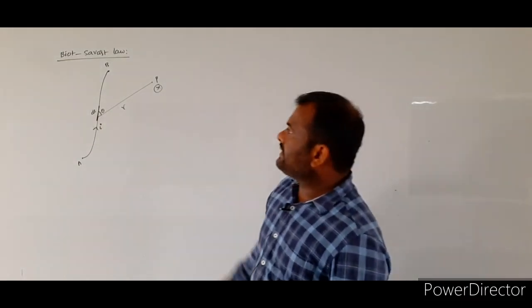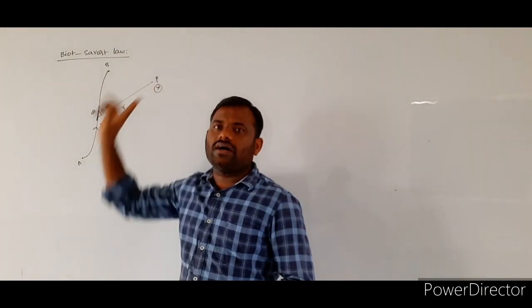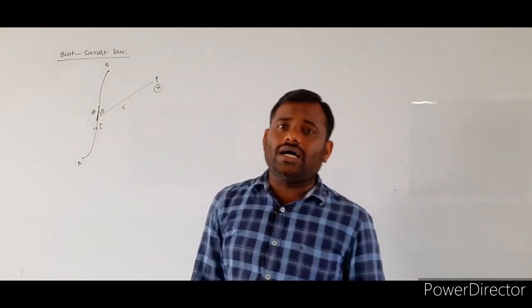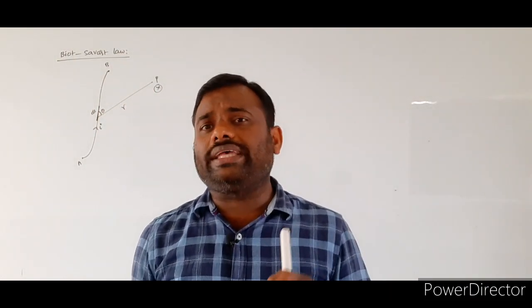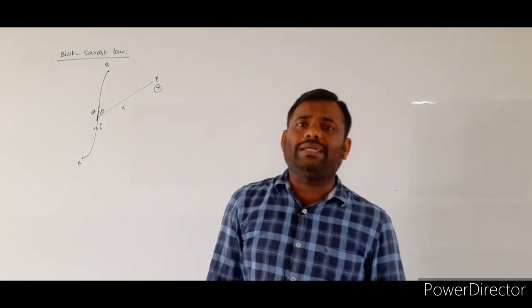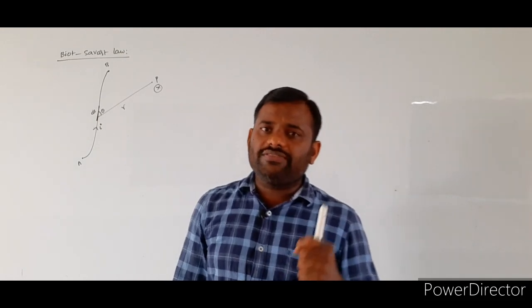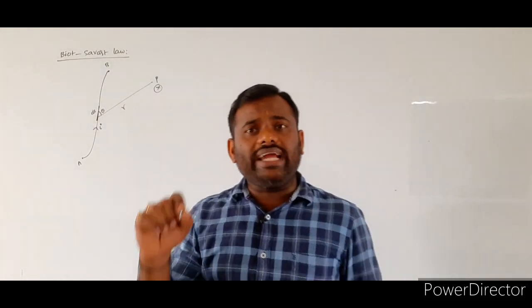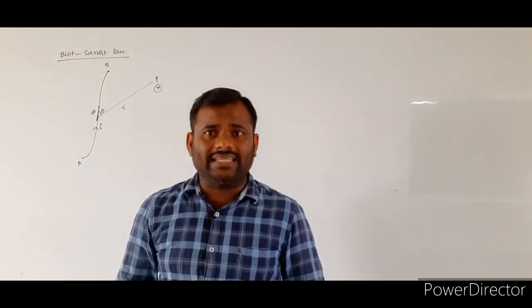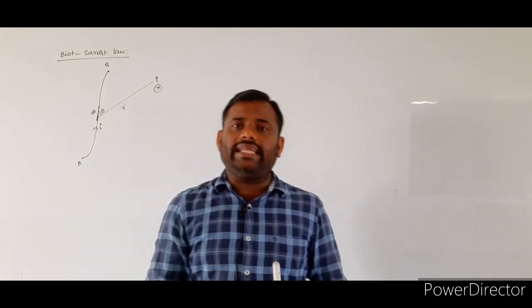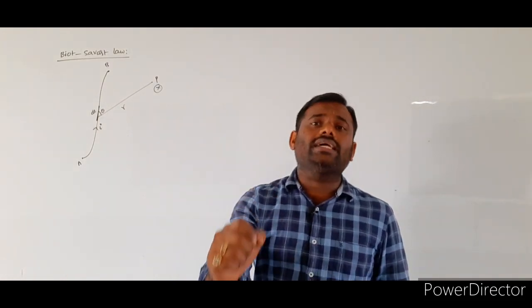But the scientists Biot and Savart, these two scientists, did many experiments. After that they concluded one equation, to find the magnitude of the magnetic field intensity at a given point from the current carrying conductor.